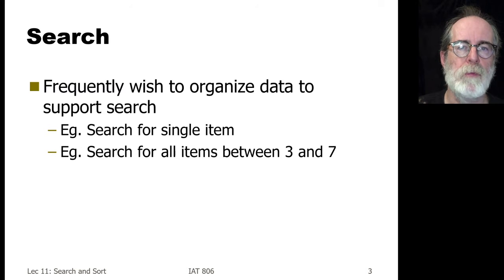It's still possible to do rapid searching in an array or an array list, and instead of organizing the data with nodes and pointers, you use an algorithm to grapple with the problem of how to locate things quickly. And you frequently want to organize your data to support search.